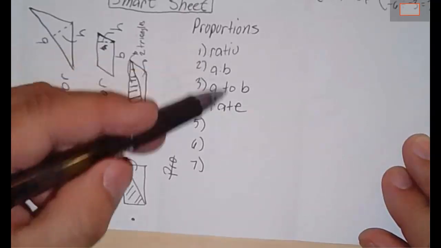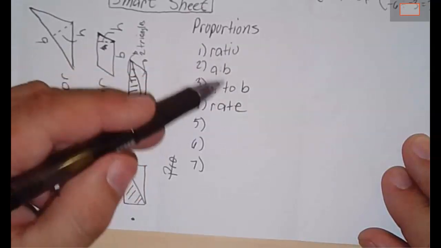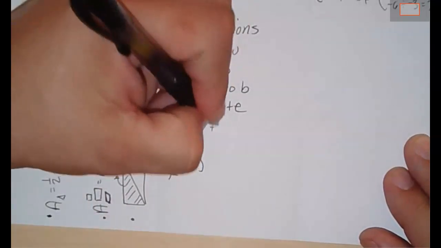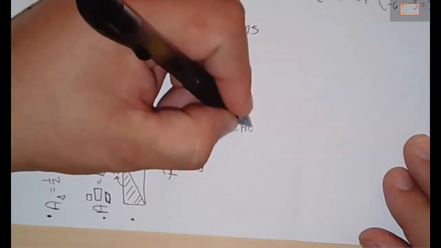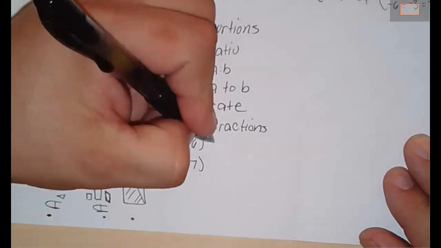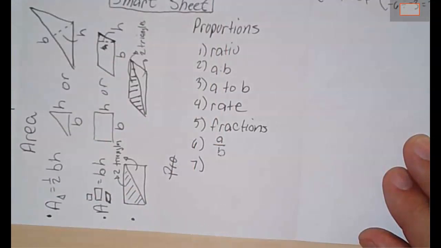But when you're given this, we don't really do math with these things, okay? They're math concepts, but we turn them into fractions normally, okay? Because we can do math with fractions. So we would have A over B, okay? Why?